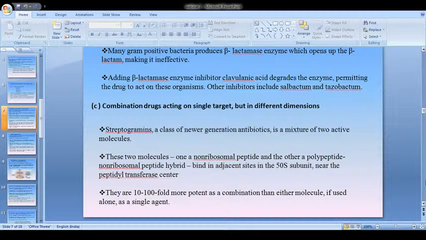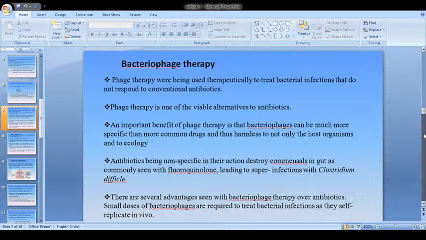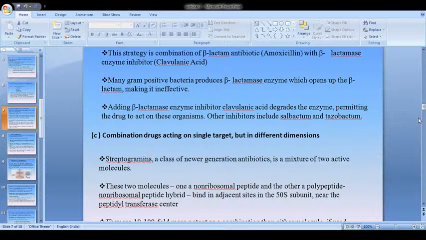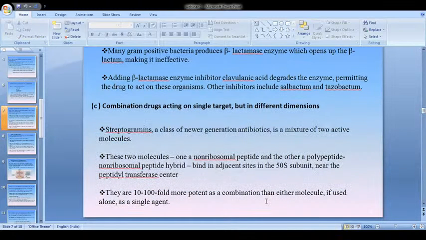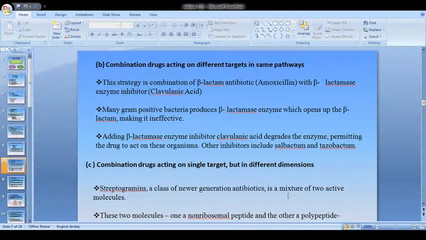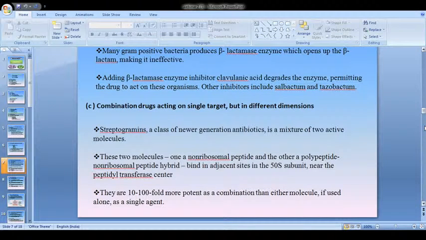It is a mixture of two active molecules, not one molecule. These two molecules are one non-ribosomal peptide and the other a polypeptide non-ribosomal peptide hybrid, and they bind at adjacent sites in the 50S subunit near the peptidyl transferase center.